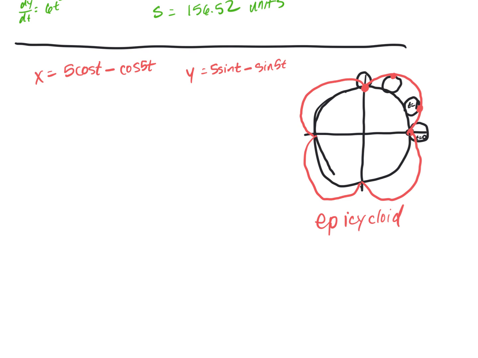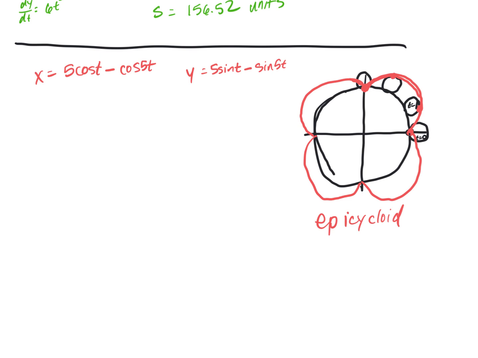All right. So if I want to find the arc length of the epicycloid, we have a slight problem. Does anybody want to guess what that problem is? If I'm describing this, you see that sharp edge there?